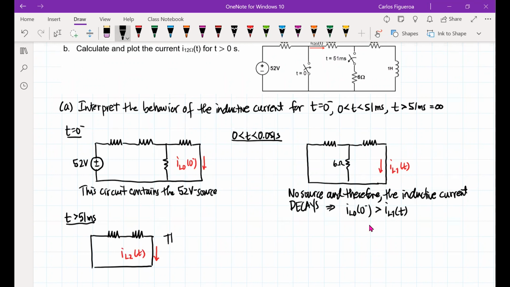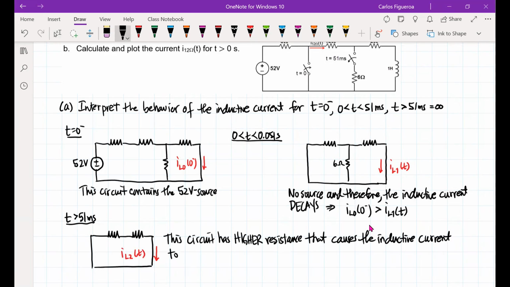This circuit has higher resistance that causes the inductive current to decay faster.